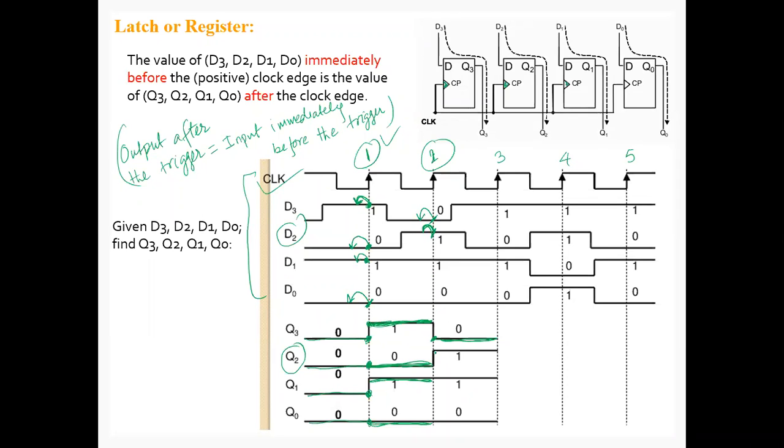That's why right after the trigger, your Q2 is high. Right before the trigger, your D1 is high. That's why right after the trigger, your Q1 is high. Right before the trigger, your D0 is low. That's why right after the trigger, your Q0 is low. This one goes on and on, okay? This is how the register works.